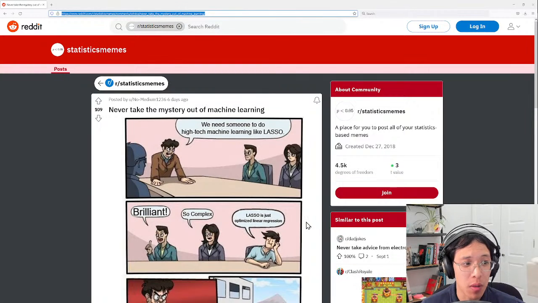The reason you would do that is because linear regression can overfit, meaning it's giving you a result based on noise instead of actual data. And Lasso is the least absolute shrinkage and selection operator, which is just a really fancy way of deciding which of the linear regression terms to get rid of. So basically you're making a decision on less data, but hopefully it's the data that actually matters for whatever decision you're making.